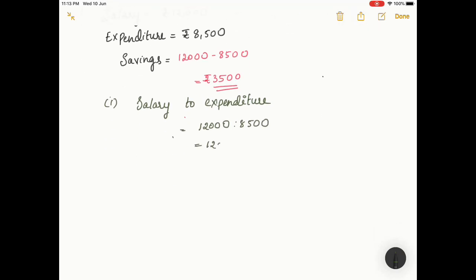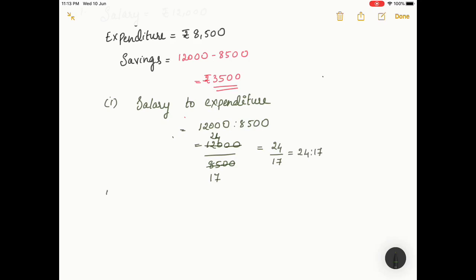It's equal to 12,000 by 8,500. 5 goes how many times here? 5 goes in 10, 2 times; 5 goes in 85, 17 times. So, it is 24 by 17. That is equal to 24 is to 17.